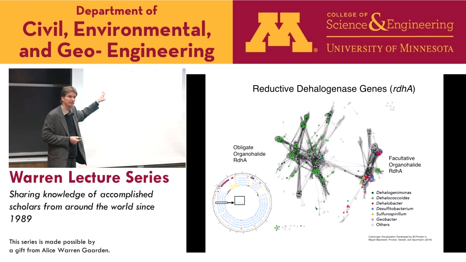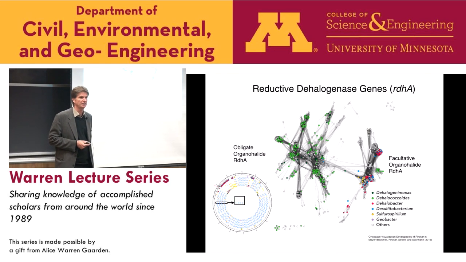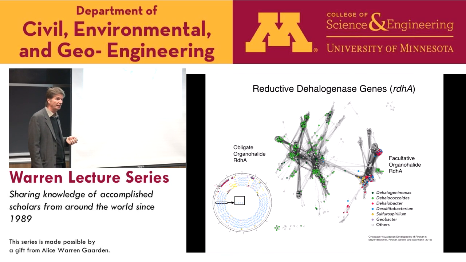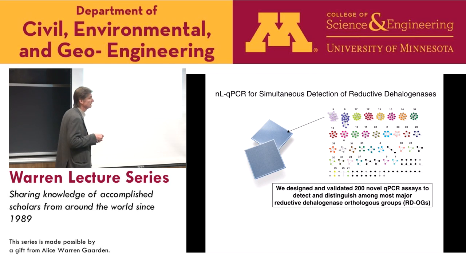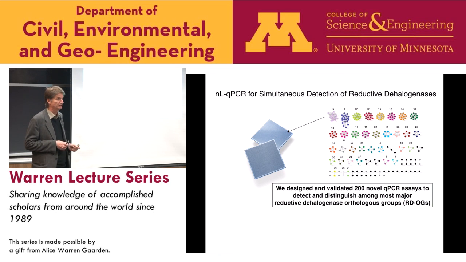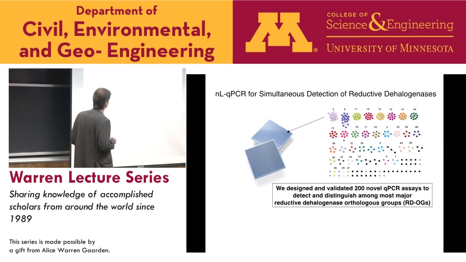And since we can package up to 5,000 different reductive dehalogenases on this chip, we can essentially track populations of dehalogenating organisms. So with some bioinformatic tricks, we grouped these reductive dehalogenases into groups that we can distinguish with specific primers. And we use groups where we know of a specific function, because otherwise we don't know what it means.